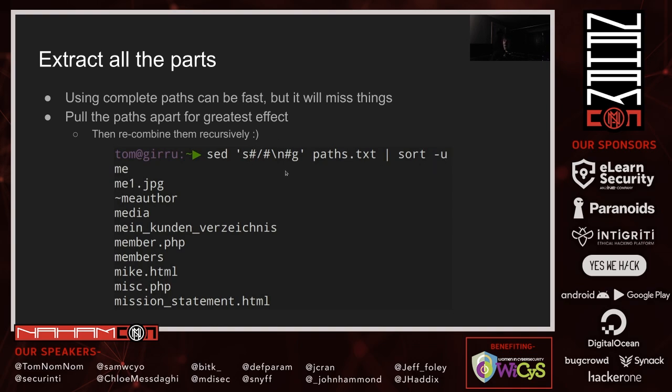So we remove all of the duplicates that way. And like I said, then we want to recombine them recursively somehow using your tool of choice. So here you would want to look for /me, but also /media, and then also /me/member.php and /media/member.php, and so on and so forth.